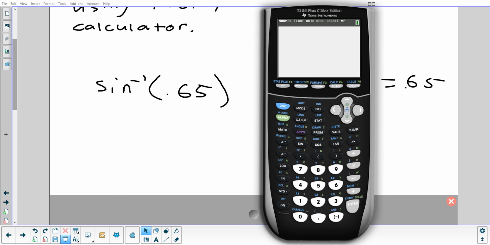To get to the inverse sine function, on most calculators, and on mine too, you got to press second and then sine. So you have to press the second button. Some calculators might call it the shift button. If you use a Casio, I've seen that. They call it shift. All right, but on mine, you got to press second, 0.65, close your parenthesis, and you hit enter.